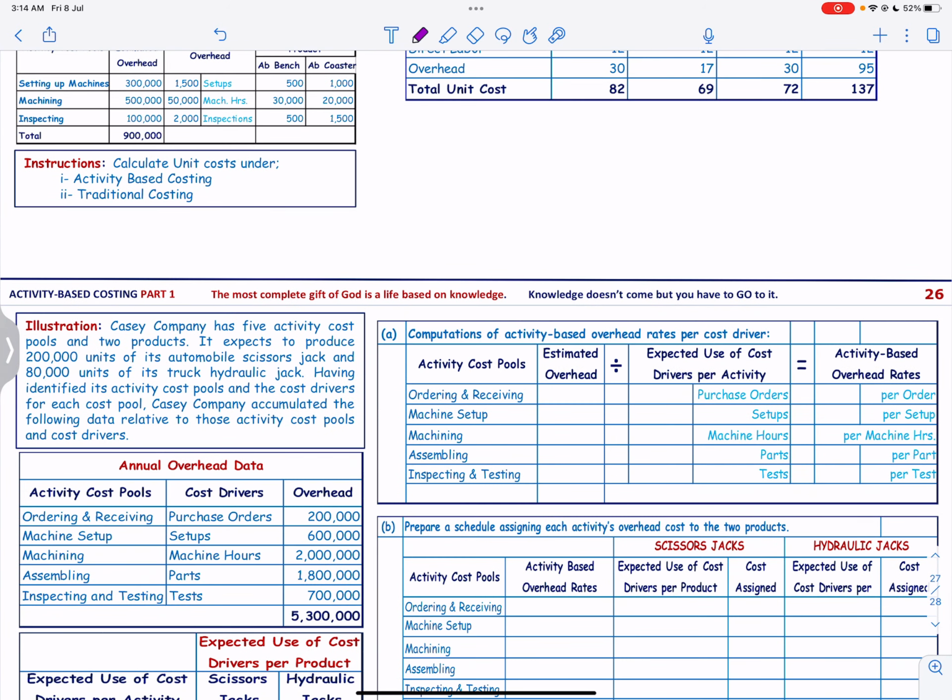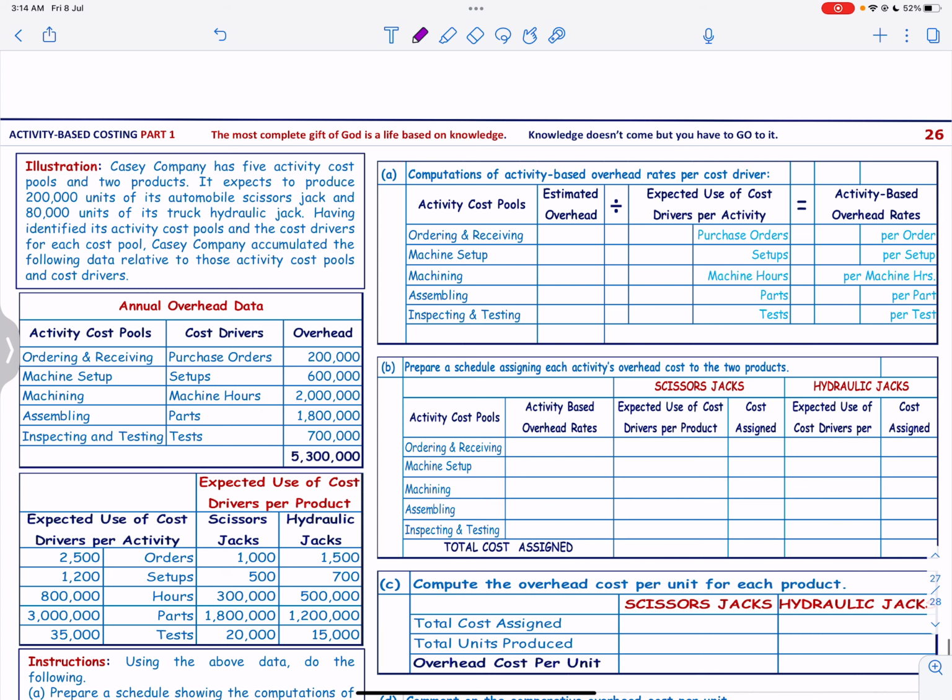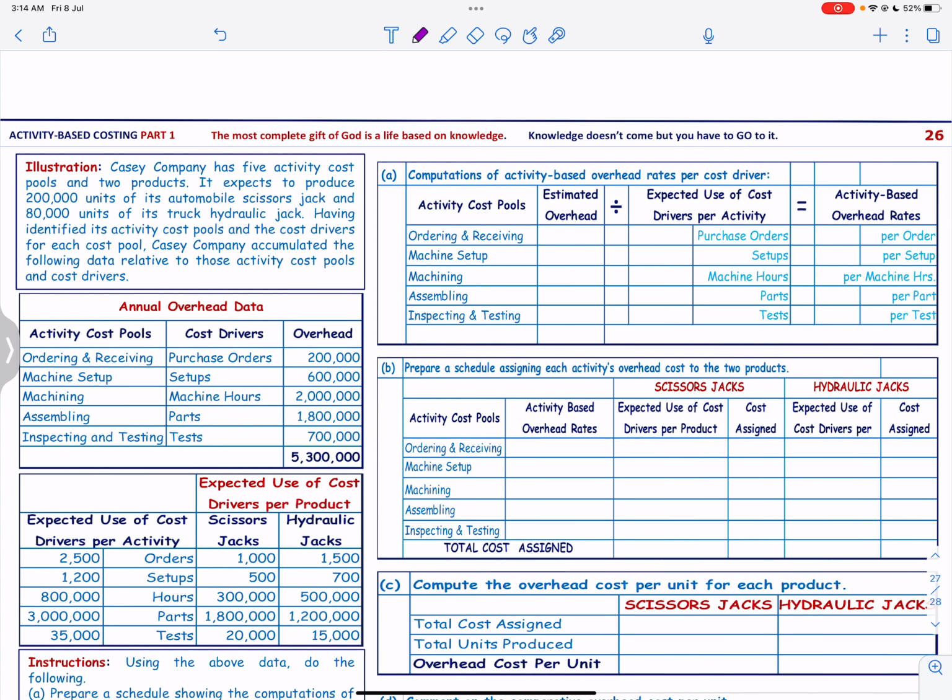Okay, so we go for one last example, and that is KSA company has 5 activity cost pools and 2 products. It expects to produce 200,000 units of its automobile scissor jacks, and 80,000 units of its truck hydraulic jacks. Having identified its activity cost pools and the cost drivers for each cost pool, KSA company accumulated the following data.